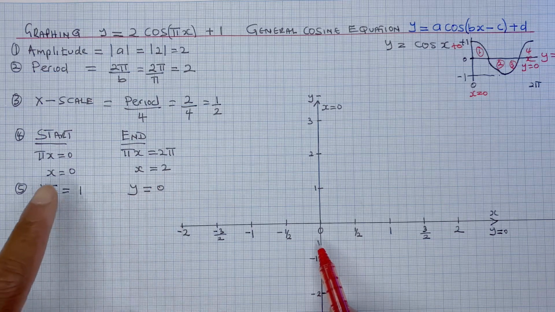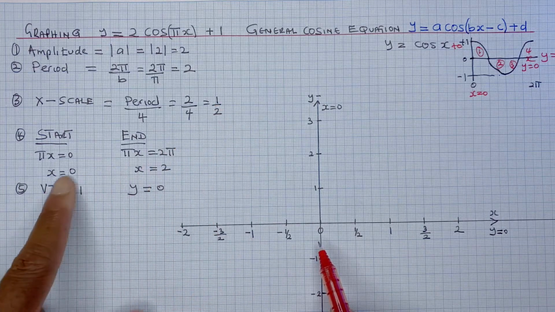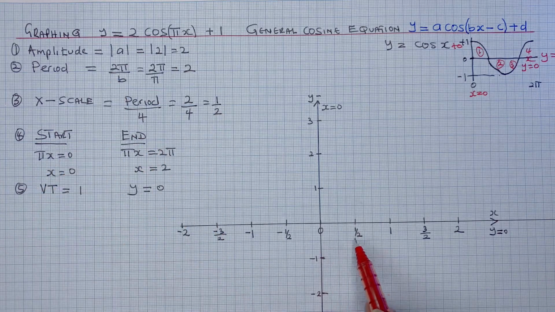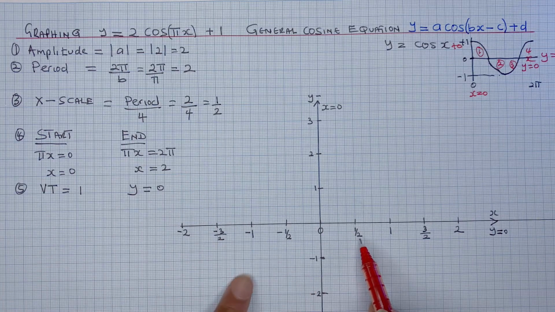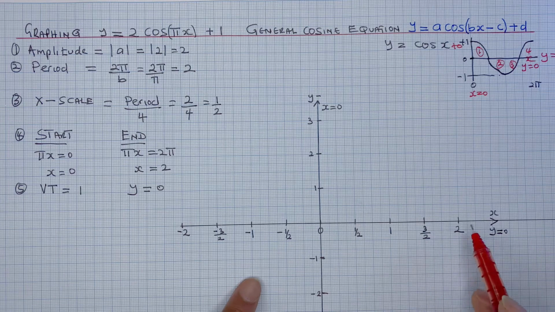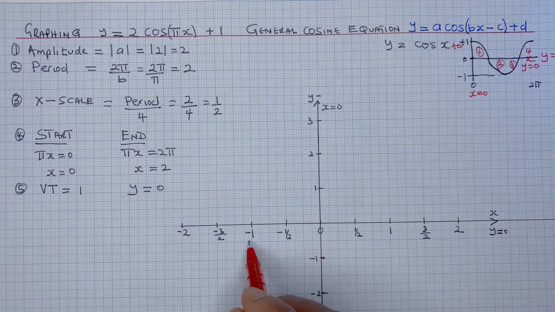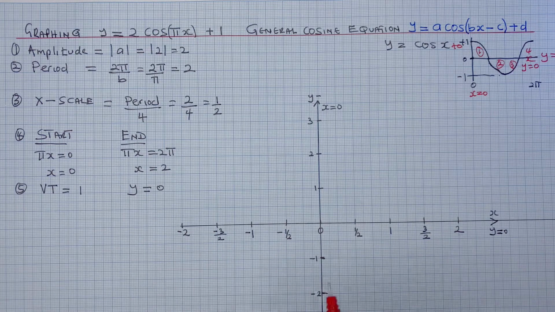And we calibrate it by a half because this is telling us we're adding a half to 0. Then next one, another half, another half, another half. So the scale is telling us what to do. So we have 0, a half, 1, 3 over 2, 2. Likewise, minus a half, minus 1, minus 3 over 2, minus 2.